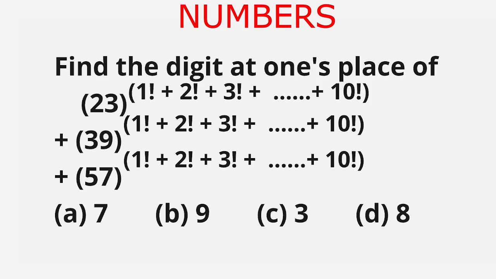Here the numbers 23, 39 and 57 all have power from 1 factorial plus up to 10 factorial. The given options are option A 7, option B 9, option C 3, option D 8.